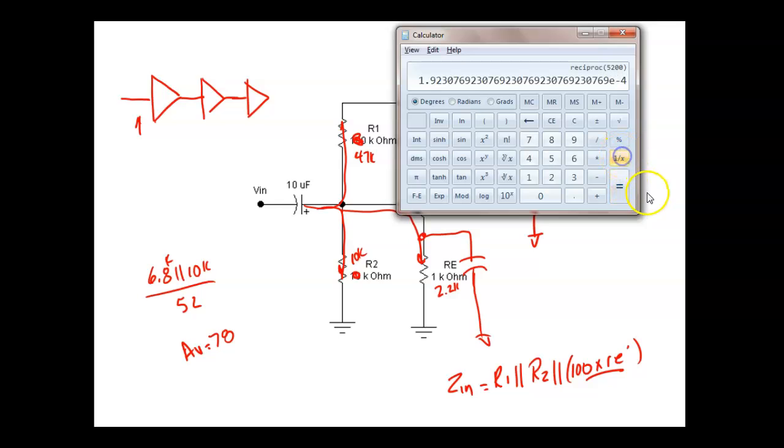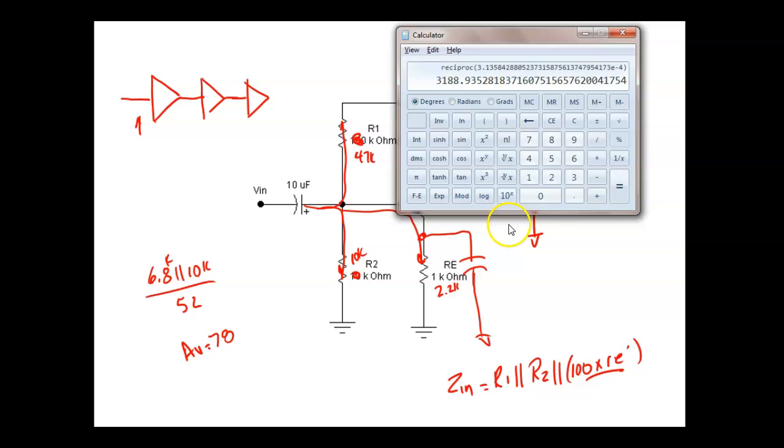We'll take the reciprocal of that plus 4,700, plus 47,000, take the reciprocal of that plus 10,000, take the reciprocal of that. It equals 3,182 ohms. That's what your input signal sees.